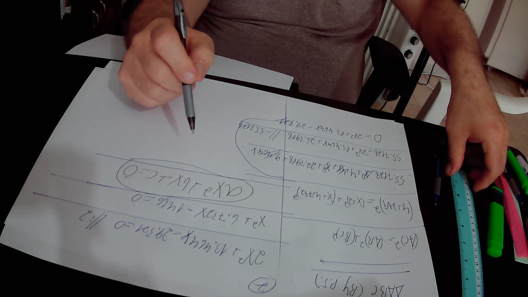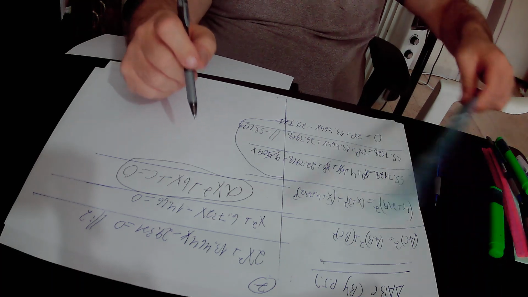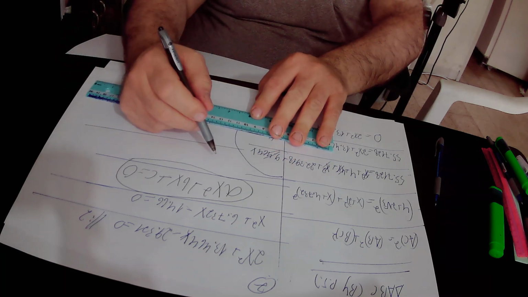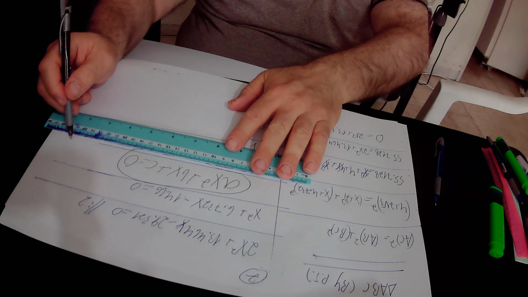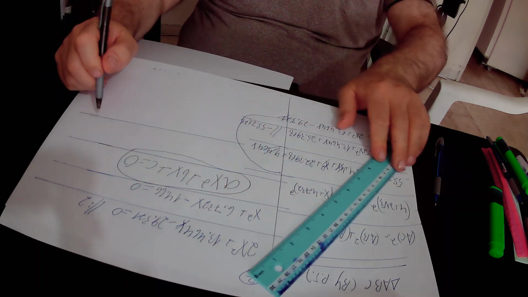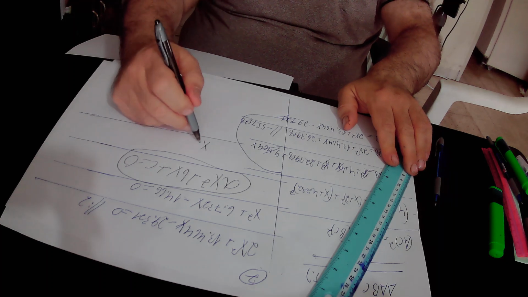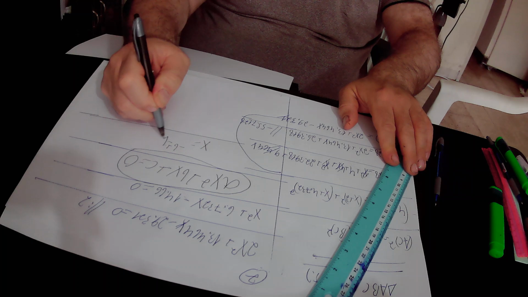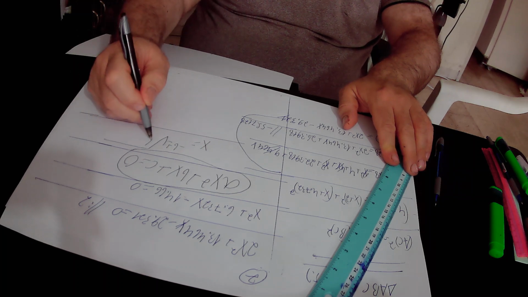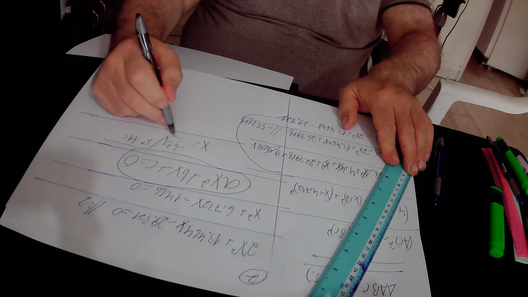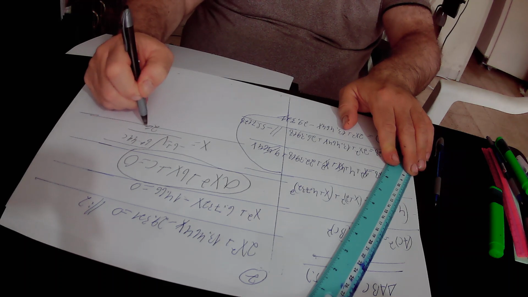And we find out the value of x according to the following formula. X equals to minus b plus minus square root of b squared minus 4 times a times c over 2a.